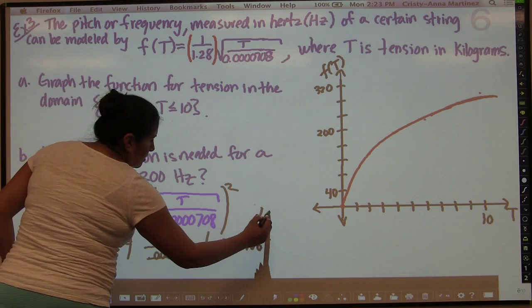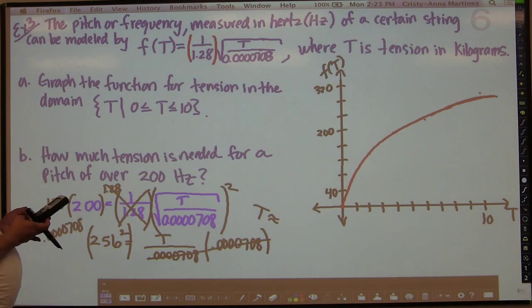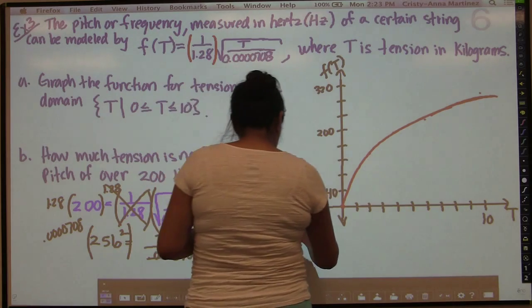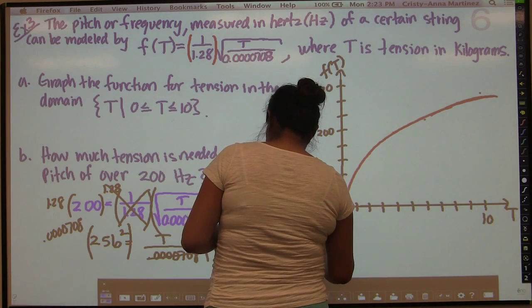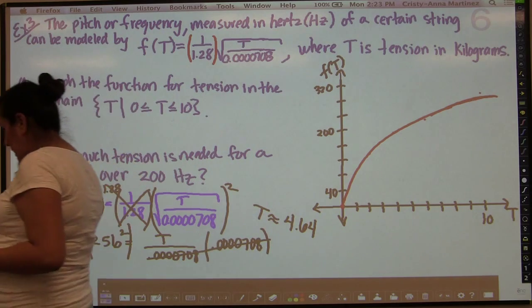So T is going to equal 256 squared, which is 65536, and then times that by 0.0000708, and we get approximately 4.64. It's 4.6399488.